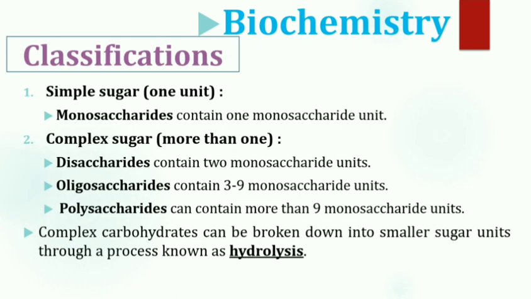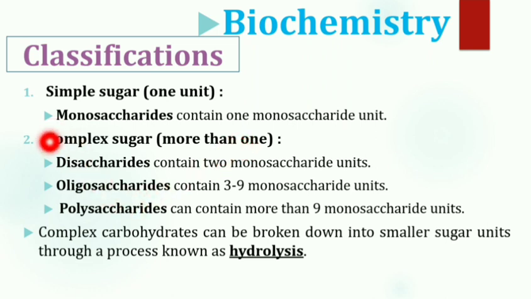Then we see in short the classification of carbohydrates. A simple sugar contains 1 unit of carbohydrate; the example is the monosaccharides. Mono means single, so it contains 1 monosaccharide unit. The second one is the complex sugar, which contains more than 1 unit of saccharides.